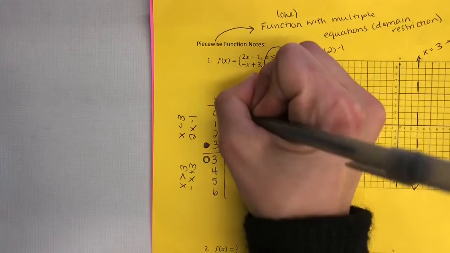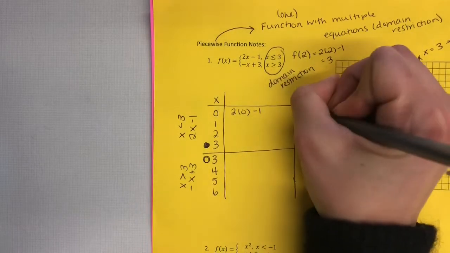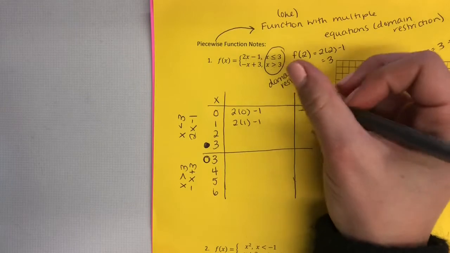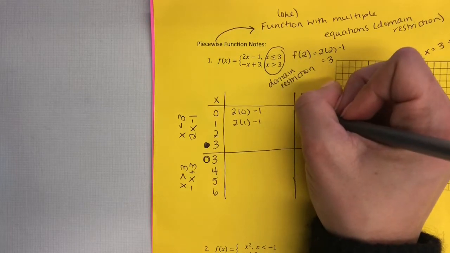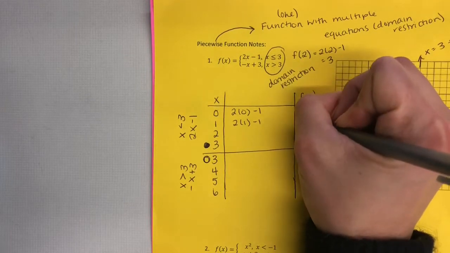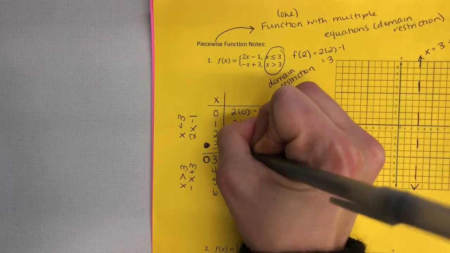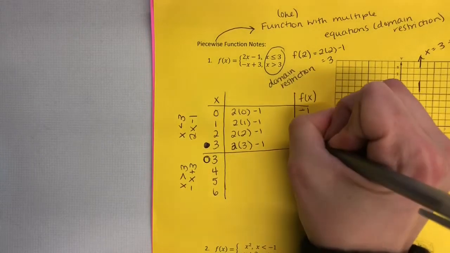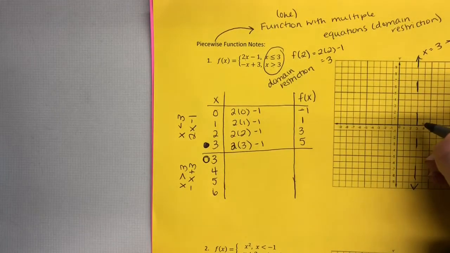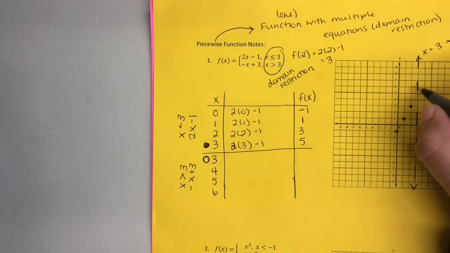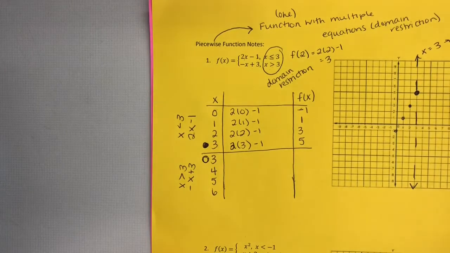So what I do is I fill in my values. 2 times 0 minus 1 is going to be negative 1. 2 times 1 minus 1 is 1. 2 times 2 minus 1 is 3. And then 2 times 3 minus 1 is 5, and I can graph that. 0, negative 1, 1, 1, 2, 3, and then 3, 5, and I remember that that is my closed circle, so I'm just gonna remember a closed circle there.